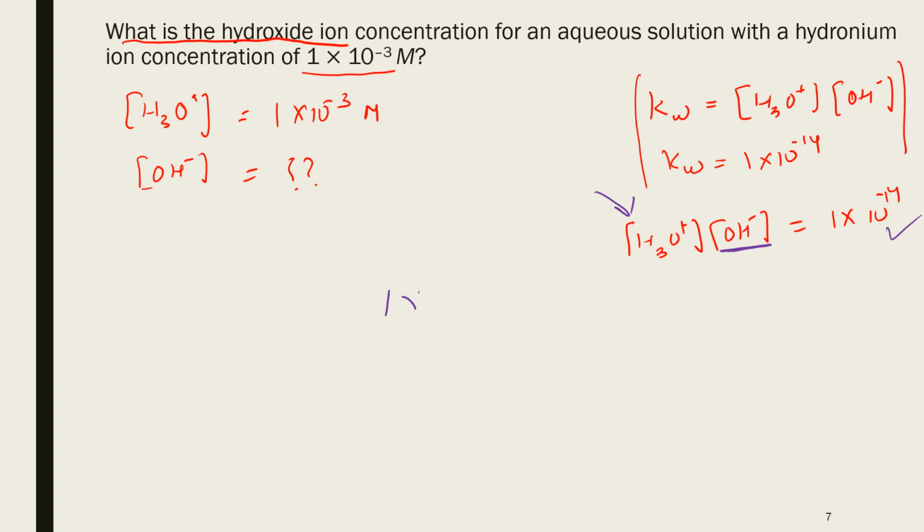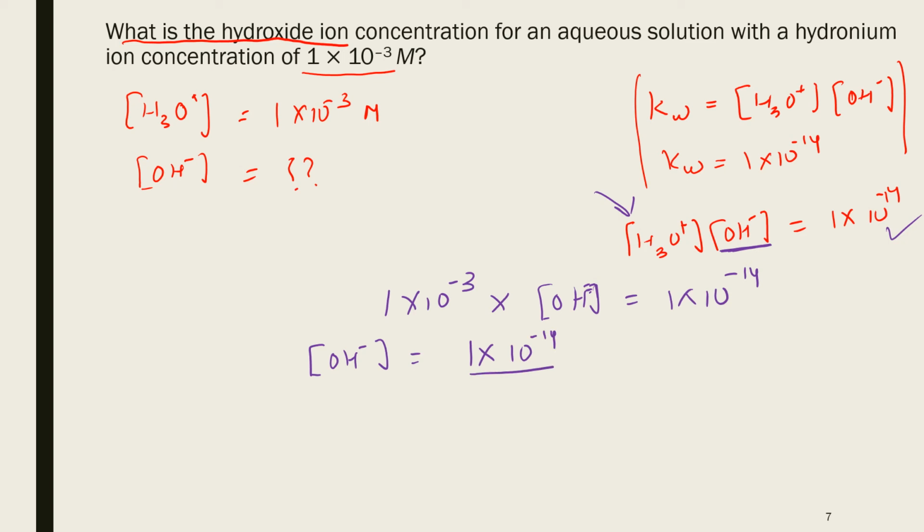We will get 1 times 10 to the negative 3 multiplied by the hydroxide ion concentration equals 1 times 10 to the negative 14. So therefore hydroxide ion concentration will be equal to 1 times 10 to the negative 14 divided by 10 to the negative 3, and if we use our calculator we will find that the hydroxide concentration is equal to 1 times 10 to the negative 11.